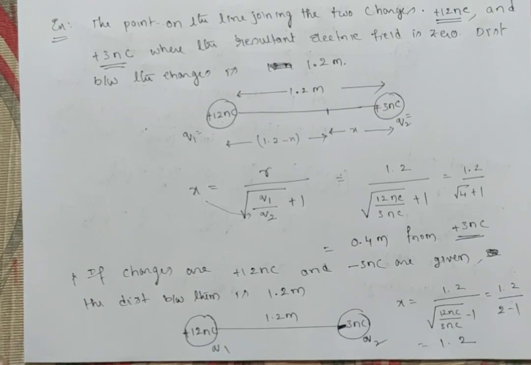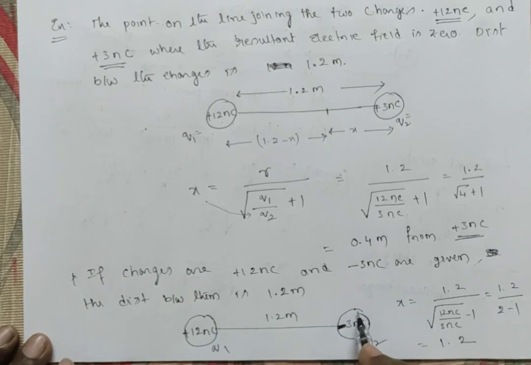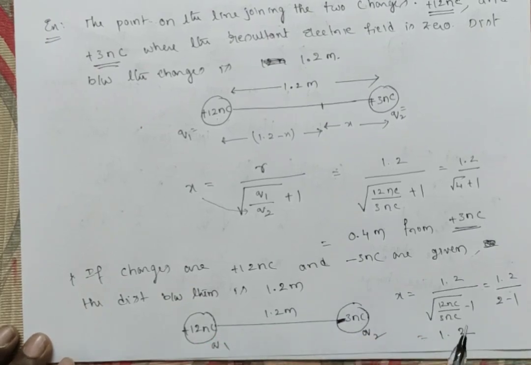So x is equal to 1.2 here. Exactly 1.2 means that exactly at this point the electric field intensities due to these two charges will be equal and opposite.